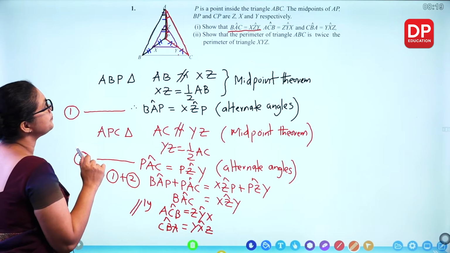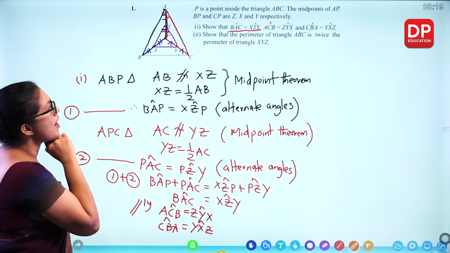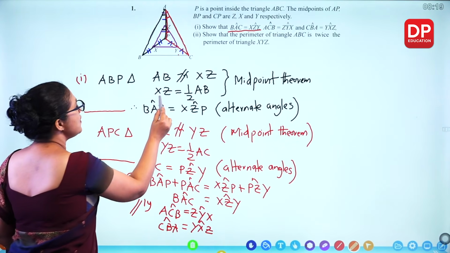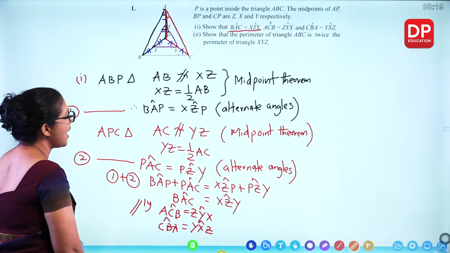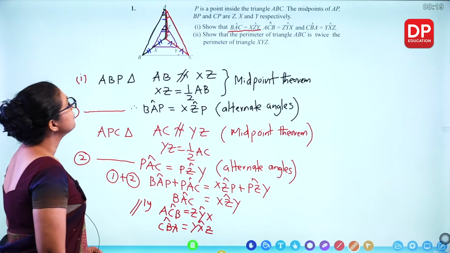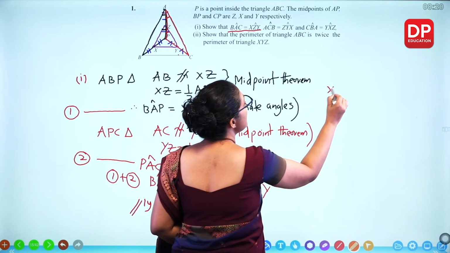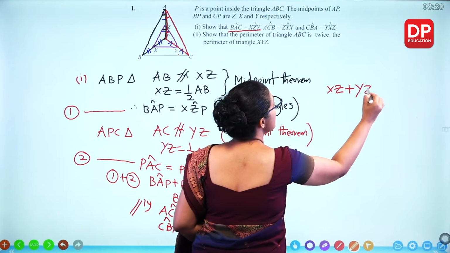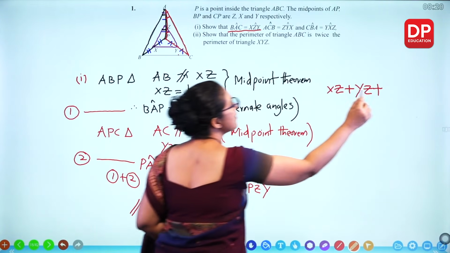Show that, so this is part 1, show that the perimeter of the triangle ABC is twice the perimeter of triangle XYZ. From this information, XZ, YZ, you can write down what is XZ plus YZ plus XY.